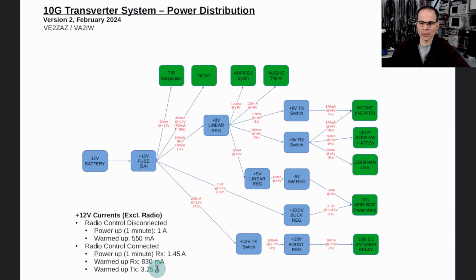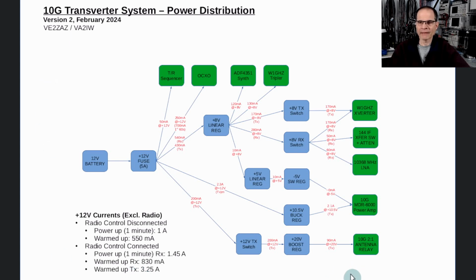And of course, that 3.25 amps and 830 milliamps does not include the IF rig itself, the 144 radio. So you can see that the 5 amp fuse I've settled on, and that excludes the supply to the IF radio, 5 amp is good enough for a 3.3, 3.4, 3.5 amp current in transmit.